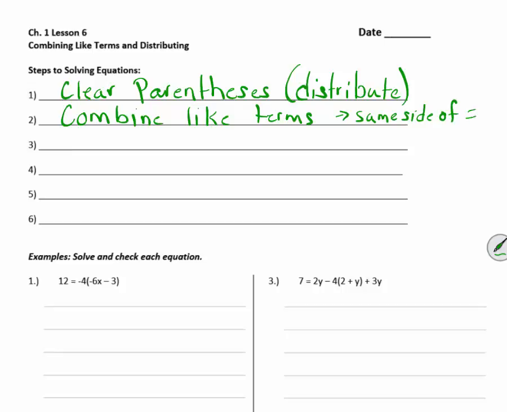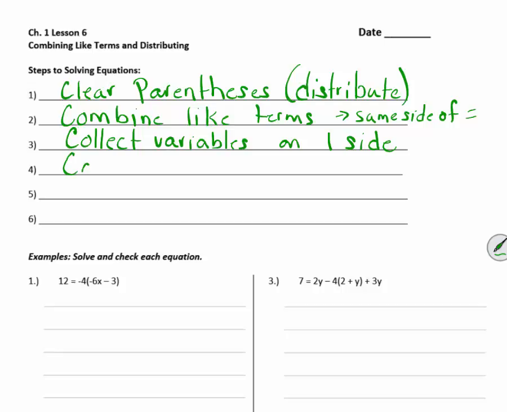Third step is that we have to collect the variables on one side. We're not going to really have any problems like that today, but we're just listing it in here because it is one of the steps.